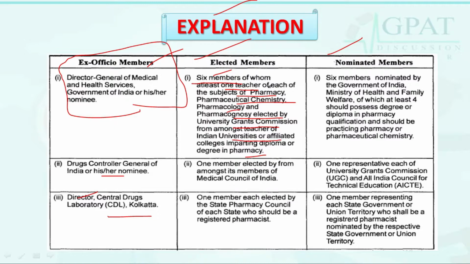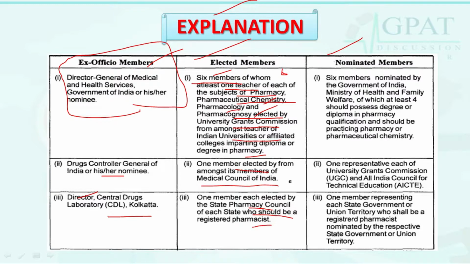So there are 6 members, from which one member should be of any subject, that is pharmaceutical chemistry or pharmacology, elected by the UGC, and one member elected amongst its members from MCI, that is Medical Council of India, and one member each elected by the State Pharmacy Council of each state, who should be a registered pharmacist.